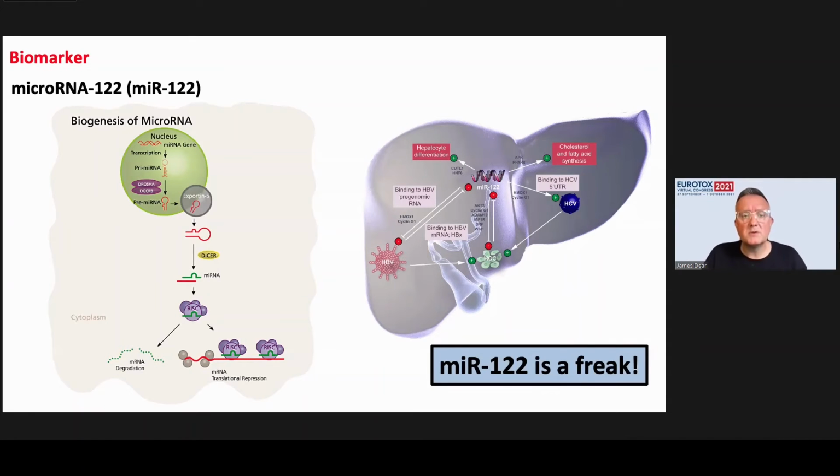Now, MIR122, I put on the corner, is a freak. It's a freak because it's incredibly cell-specific. It really is only expressed in the hepatocyte, and it's expressed at extremely high concentration in the hepatocyte. So when the hepatocyte is injured, a huge amount of MIR122 is released into the circulation.